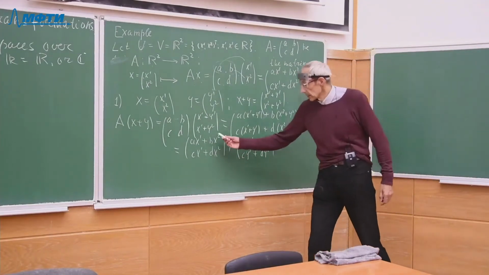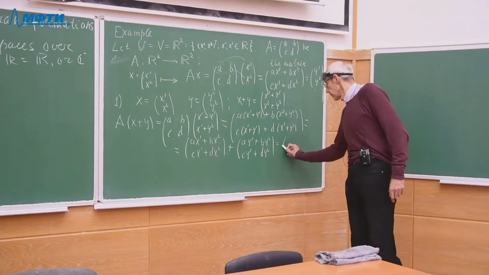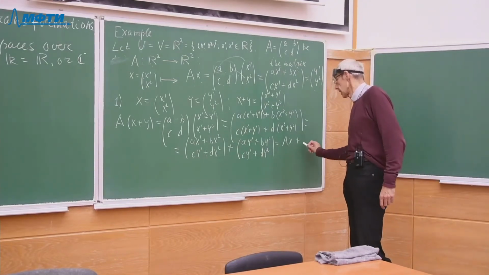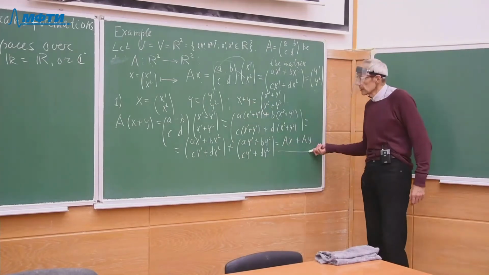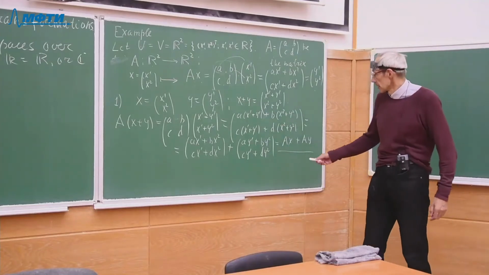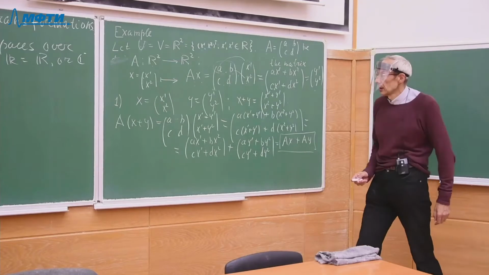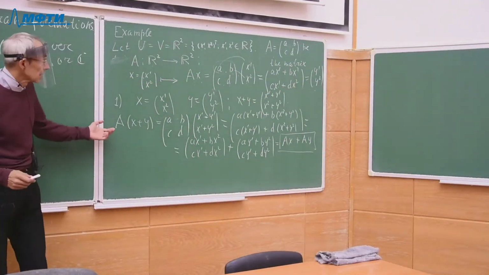And the last sum is equal to the sum of the products A times x plus A times y.